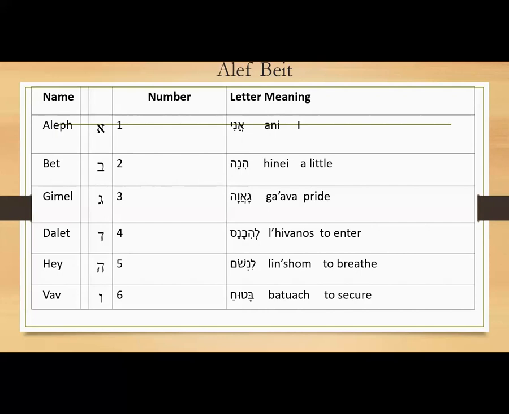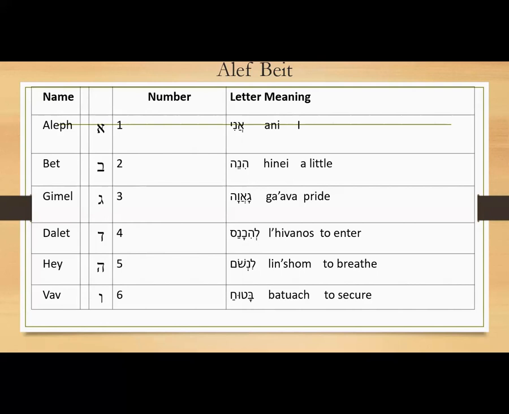Dalet, Dalet, number 4. And the word is le. Why is it apostrophe? Because it has got a shva underneath it. The shva stops it right in the beginning. We say lehivanos.